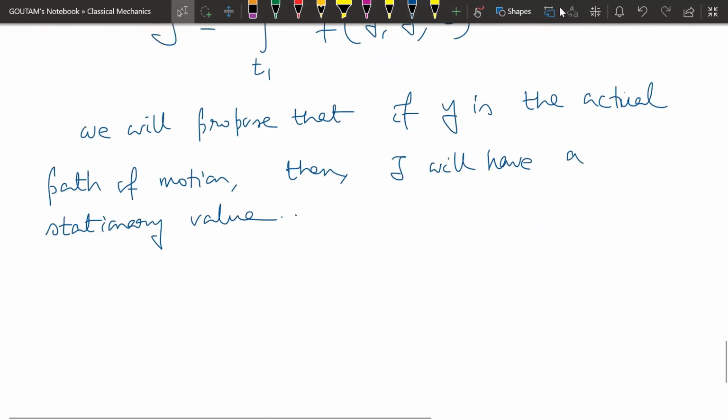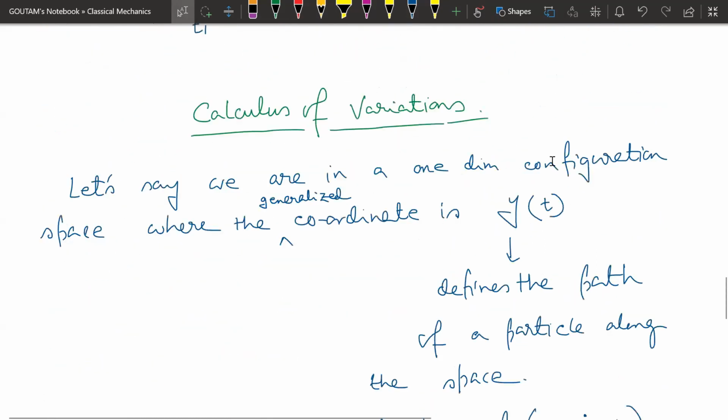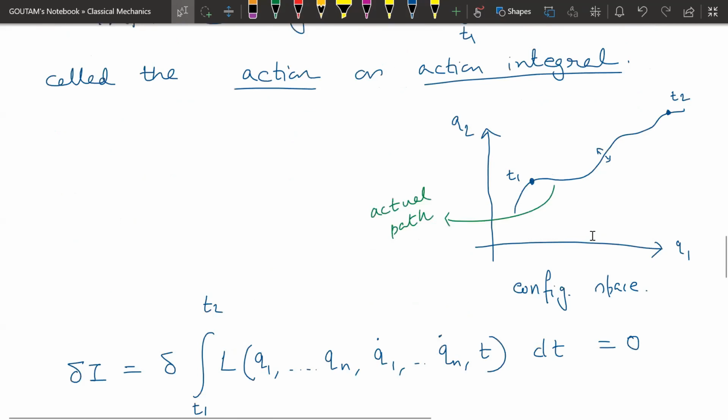This is the idea behind Hamilton's principle.